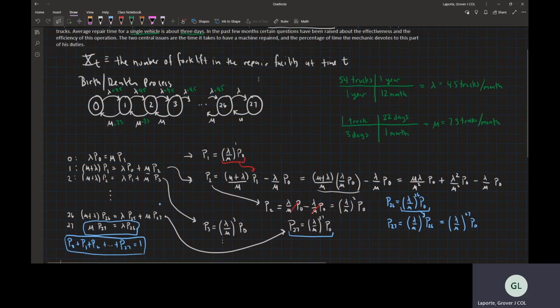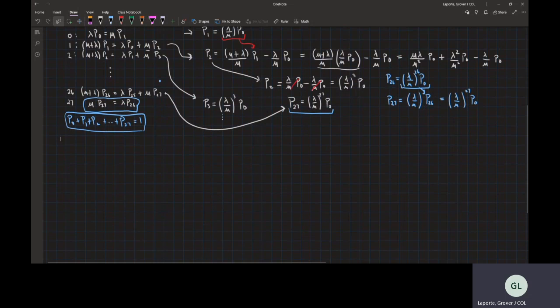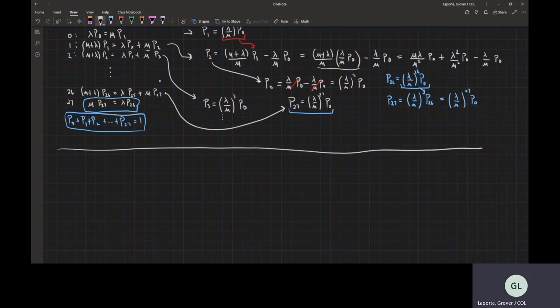Okay, so let's just start fresh here for a second. Now I have an equation for all of these different values, so I'm going to solve this using a general n instead of n equals 27.